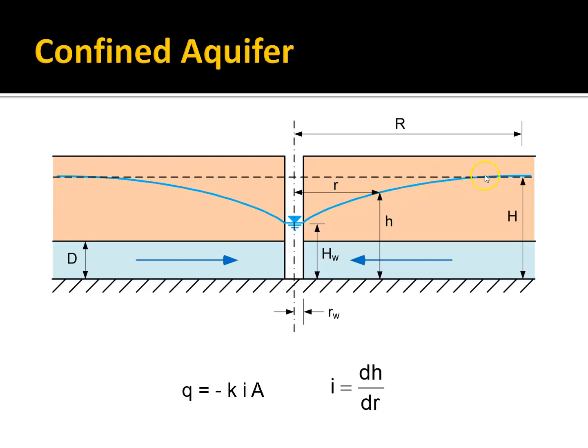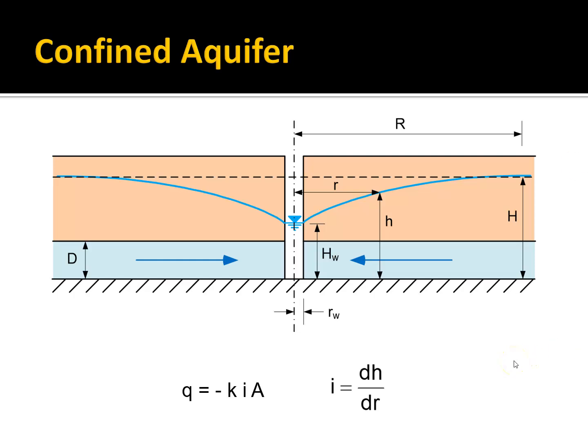At some point you don't have any drawdown, so the potentiometric surface is equal to the initial head prior to pumping, and that capital R represents that distance, and it's called the radius of influence of the well. Later we'll talk about methodologies for calculating the radius of influence for a well.